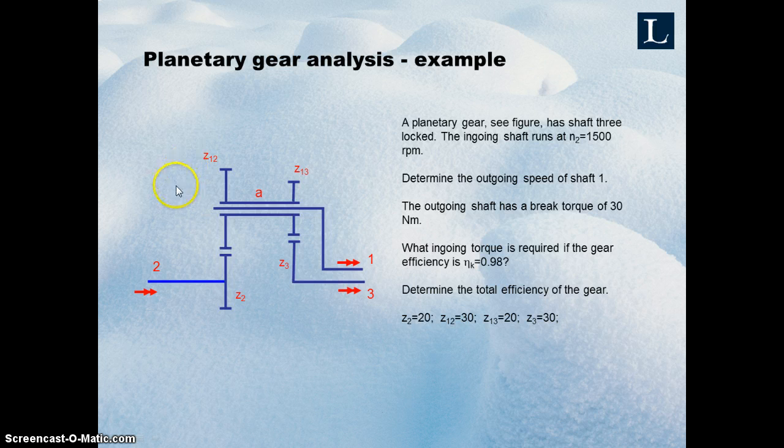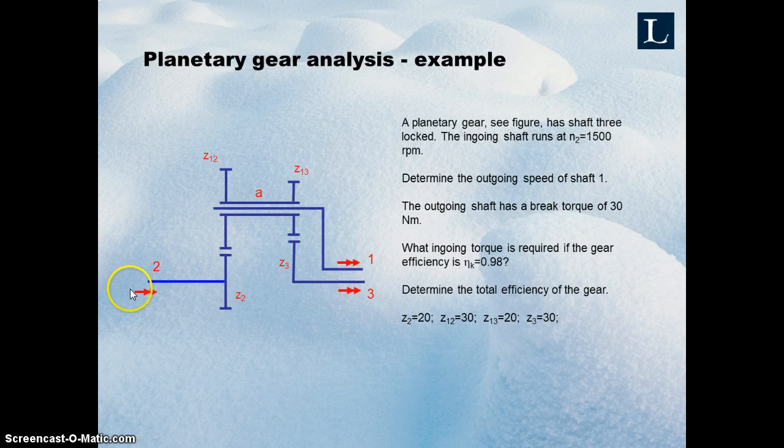Okay, so let's start with an example. This is a planetary gear of a four-wheel type. You have two sun wheels there, and you have two gear races on the planet wheel. One is there, one is there.